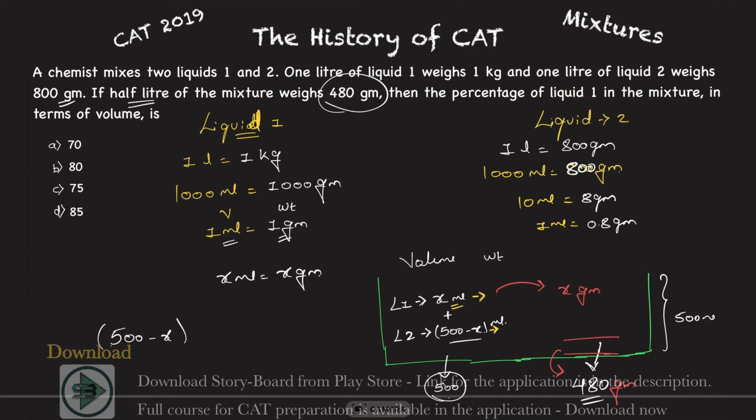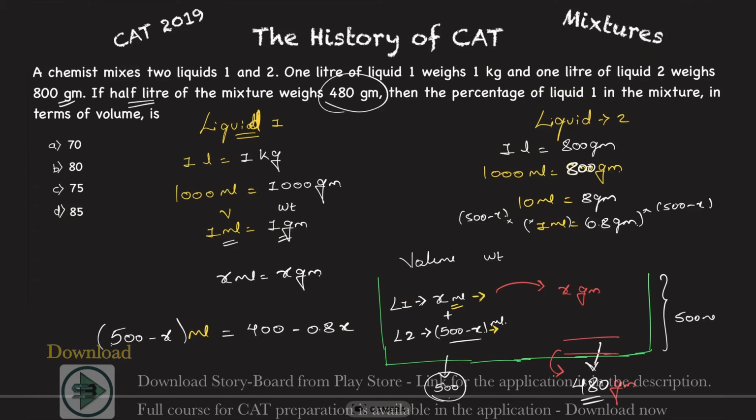So multiplying both sides by 500 minus x, this becomes 500 minus x milliliter is equal to what? Is equal to 0.8 into this, which is equal to 400 minus 0.8x.